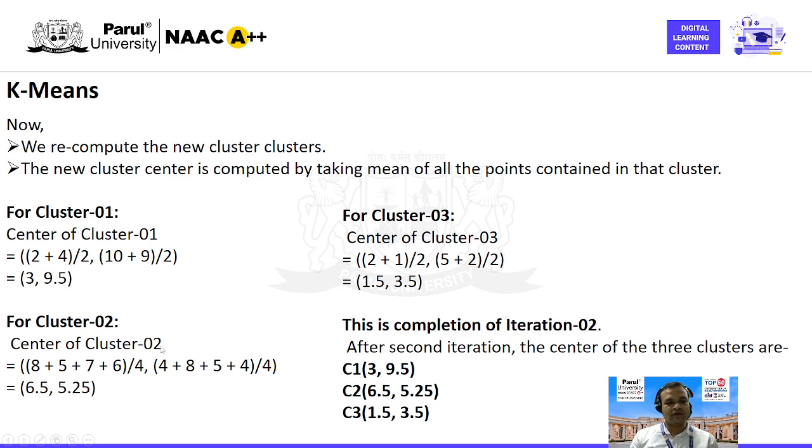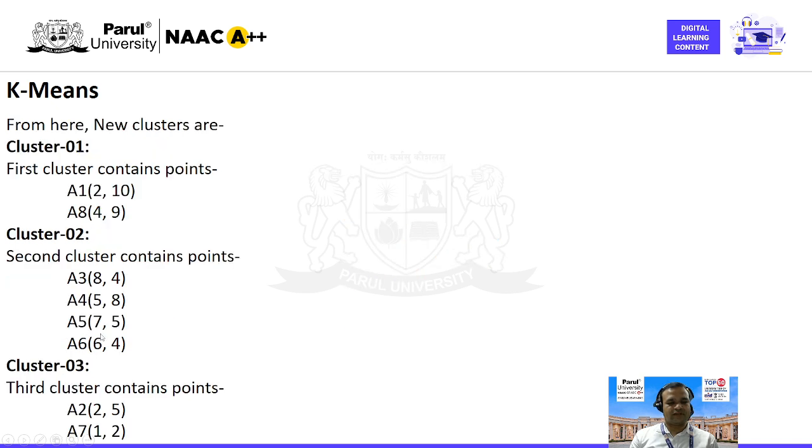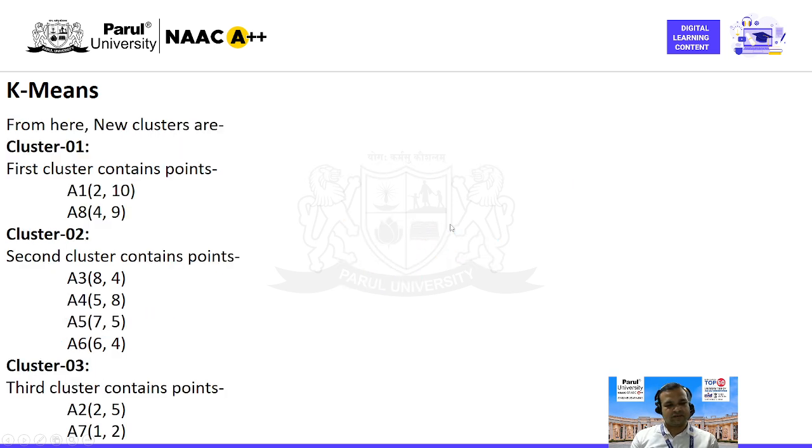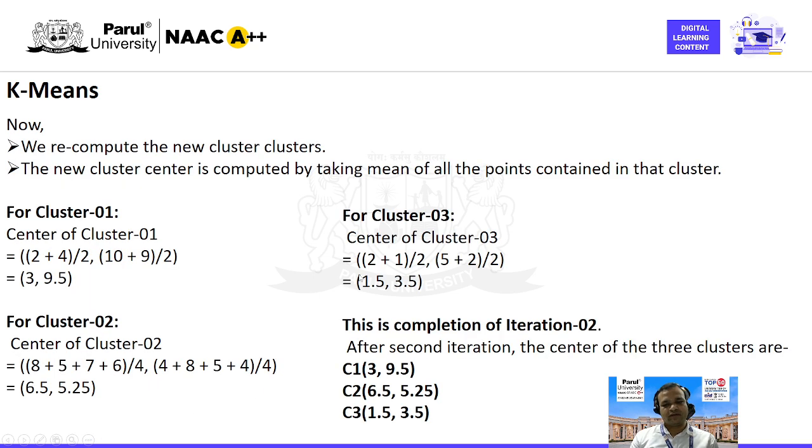Similarly, for cluster number 2: (8 plus 5 plus 7 plus 6) upon 4, (4 plus 8 plus 5 plus 4) upon 4. You will get 6.5, 5.25. Similarly, for the cluster number 3 center, using (2 plus 1) upon 2, (5 plus 2) upon 2, you will get 1.5, 3.5.